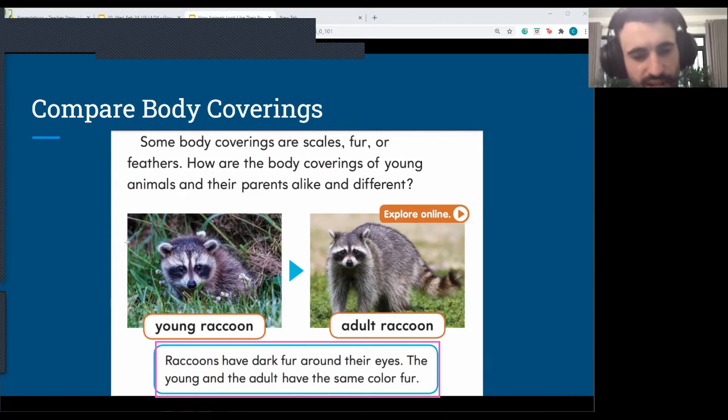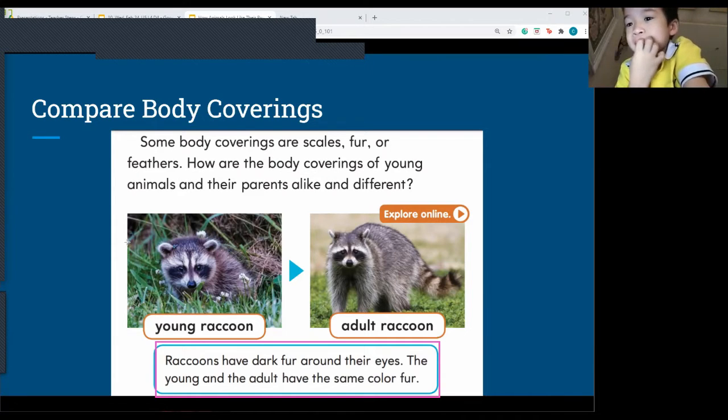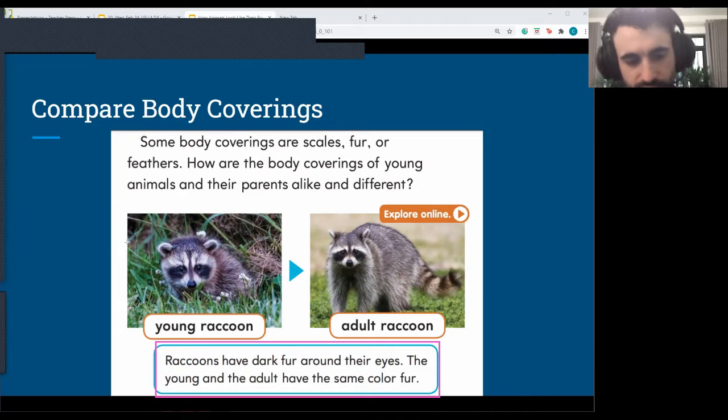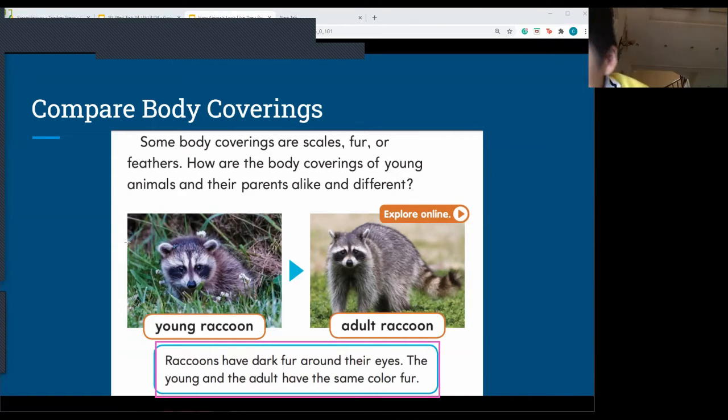Okay, keep on reading. Raccoons have dark fur around their eyes. The young and the adult raccoon have the same color fur.